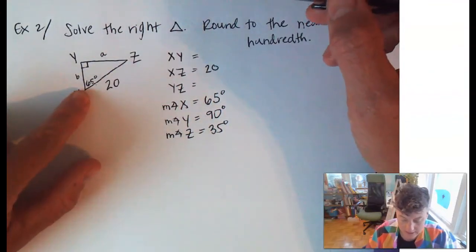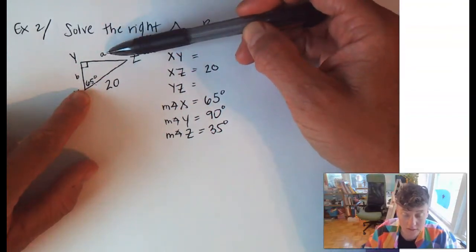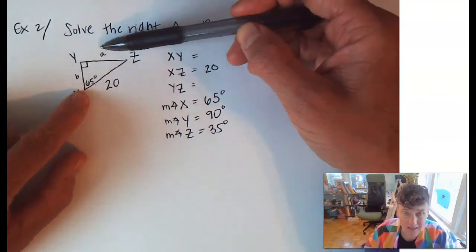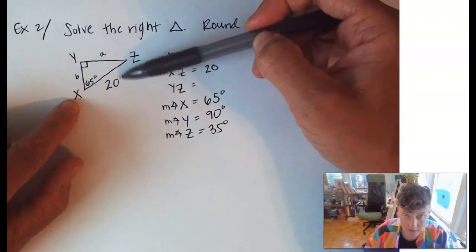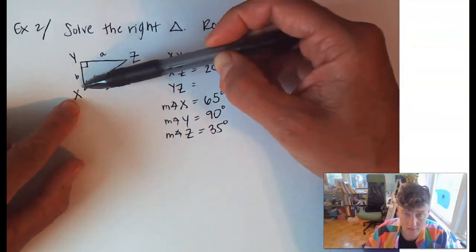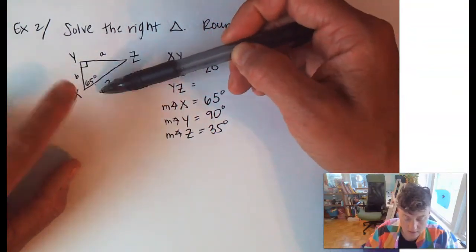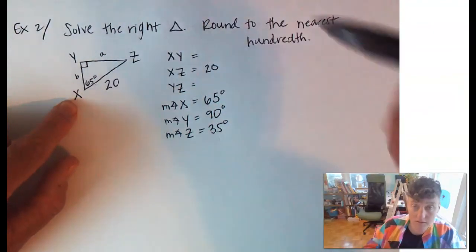And then let's say we're going to solve for A first. So we're going to use the opposite side from angle X and the hypotenuse here and this 65-degree angle. So we're going to say the sine of the measure of angle X is equal to the opposite over the hypotenuse. Write that down.